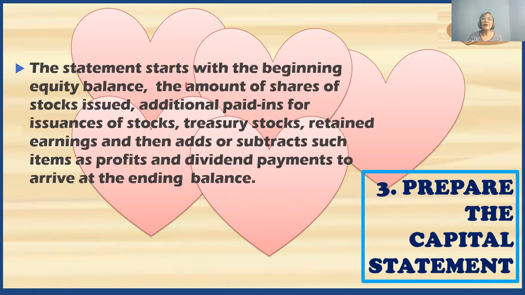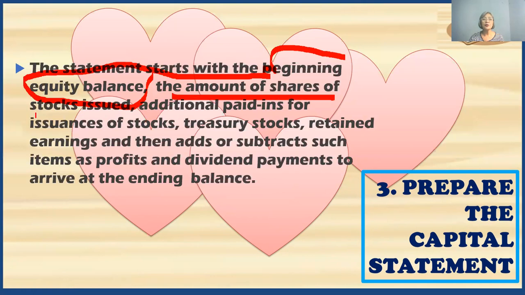So iba-iba yung tawag na, yung beginning equity balance, magkano yung amount of shares of stock issued, magkano yung additional paid in for issuances of stocks, magkano yung treasury stocks, magkano yung retained earnings.